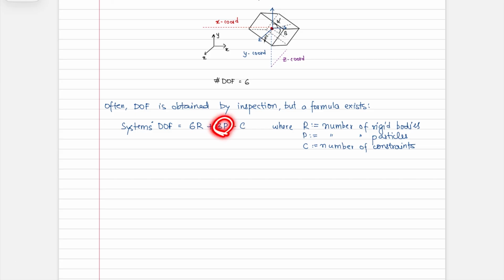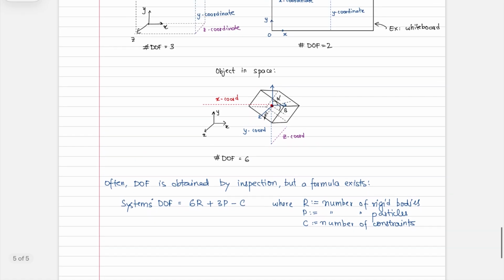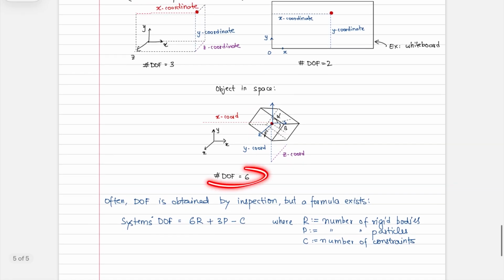So you have 3 of them for x, y, and z, and then c is the number of constraints. How can we use that to obtain what we just did by inspection? So in this case, if this is your system, you have 6 times 1 because there is a rigid body, 3 times 0 because there are no particles, c, the number of constraints is 0 because it's fully free to be oriented and positioned in any way in space.